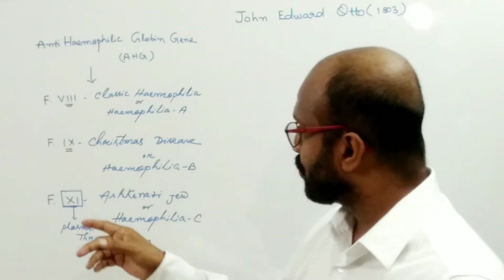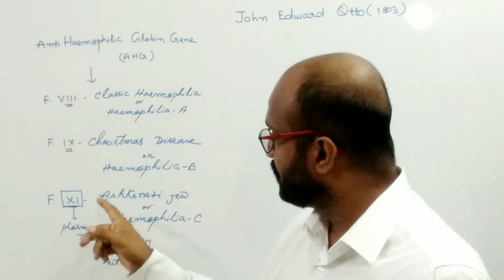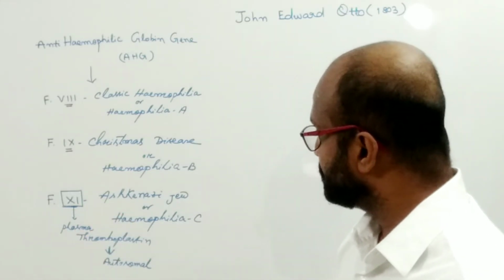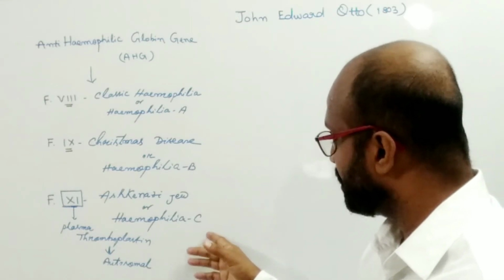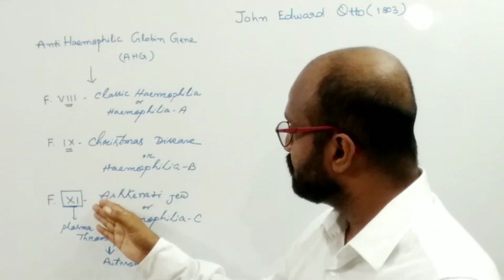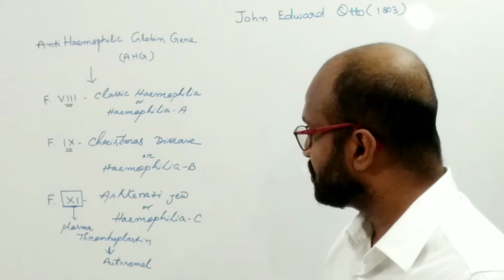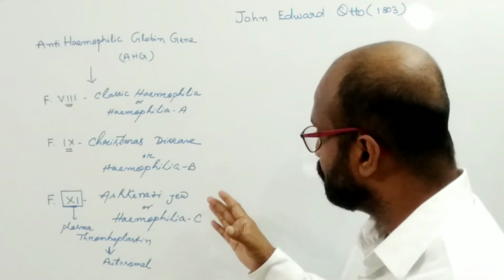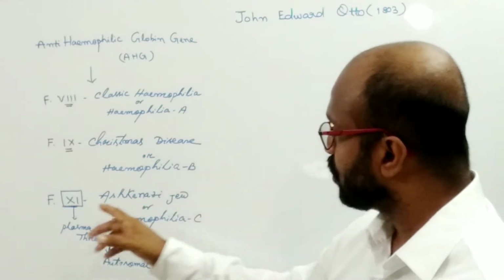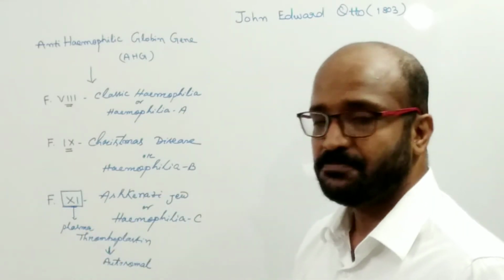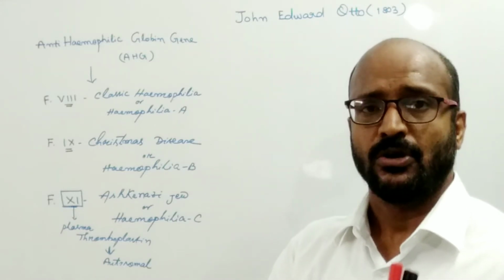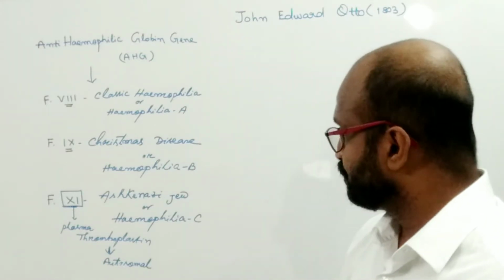But another blood clotting factor, factor 11, known as plasma thromboplastin, when absent causes hemophilia C. The gene of this blood clotting factor 11 is present on an autosome, on an autosomal chromosome.